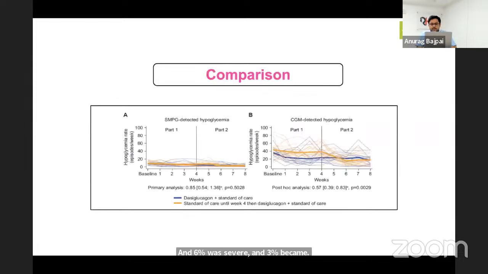So this is the graphical representation of self-monitoring plasma glucose versus CGM-detected hypoglycemia, and we can see the hypoglycemic episodes were much fewer in the 2 to 4 weeks of duration in the first part of the study, with a p-value of 0.0029.